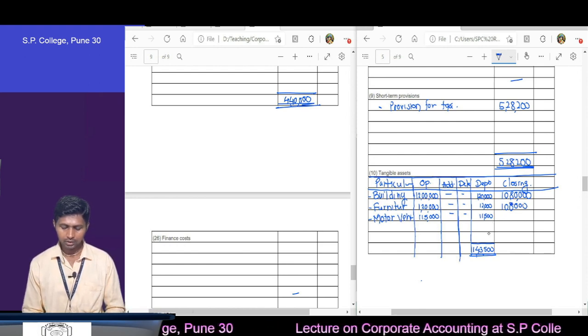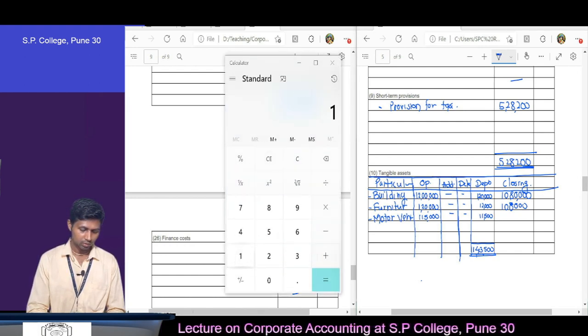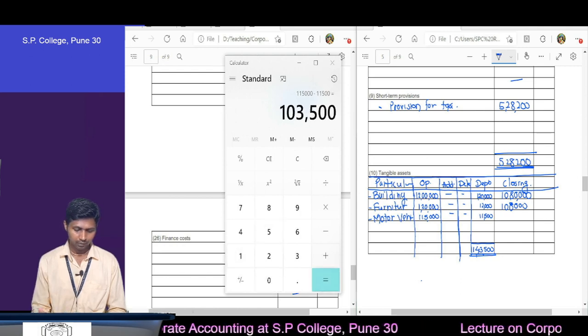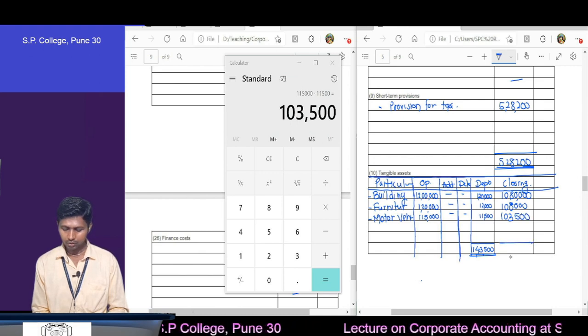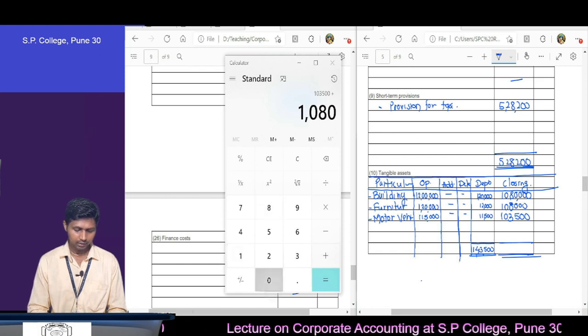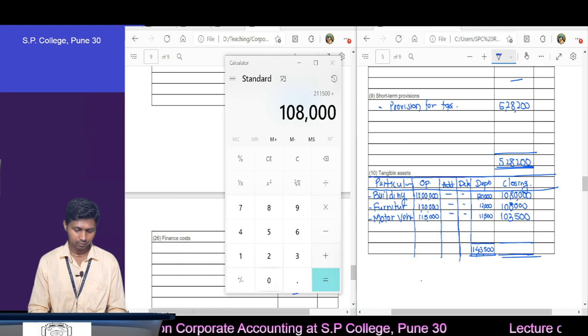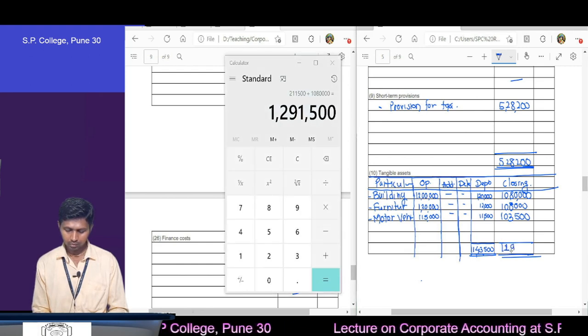You can do this calculation. 1,15,000 minus 11,500, 1,03,500, and then you will get the closing. 1,03,500 plus 1,08,000 plus 10,80,000, 12,91,500.